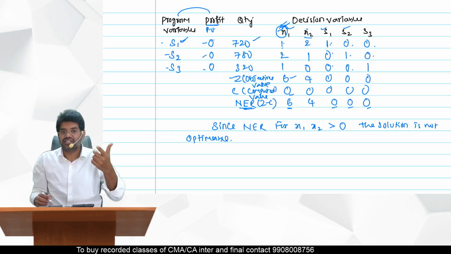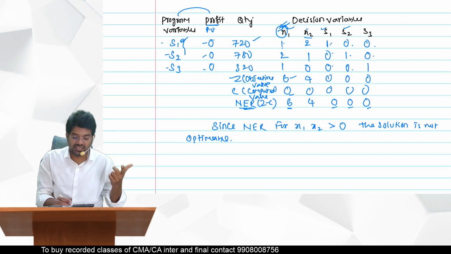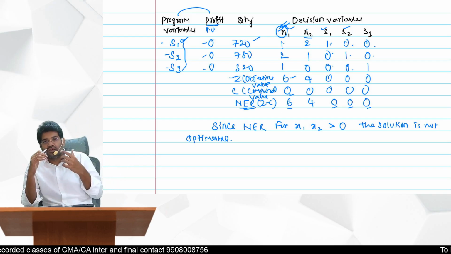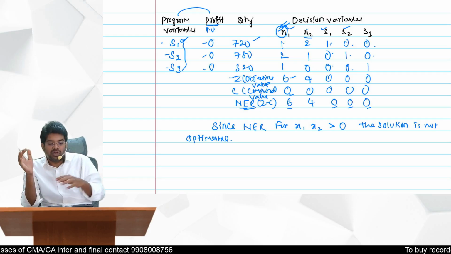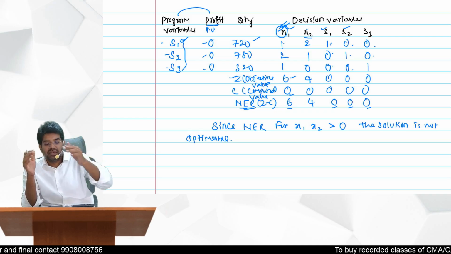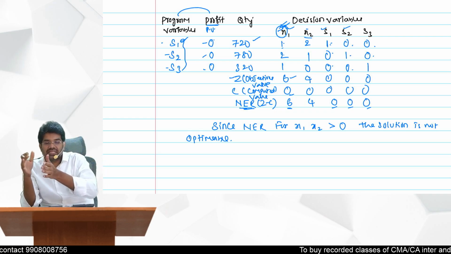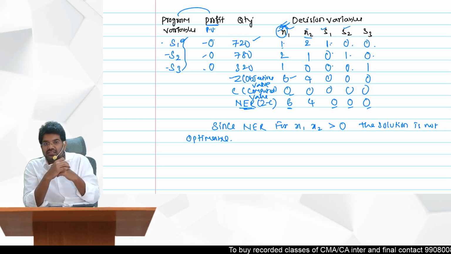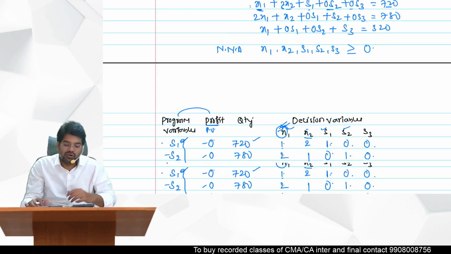The next question naturally is which variable you will replace. Out of the program variables S1, S2, S3, which one will go out? And out of the decision variables x1 and x2, which one will enter? For that, this is the procedure we should follow.